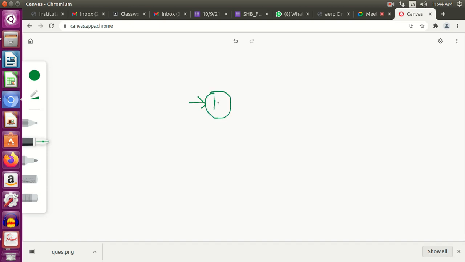Give some name. There should be no accepting state. What is the alphabet set? A comma B. So this is a DFA with no accepting state. The alphabet set is A comma B. So you can say that it is accepting a null language.